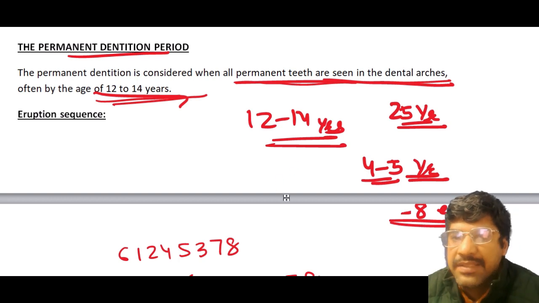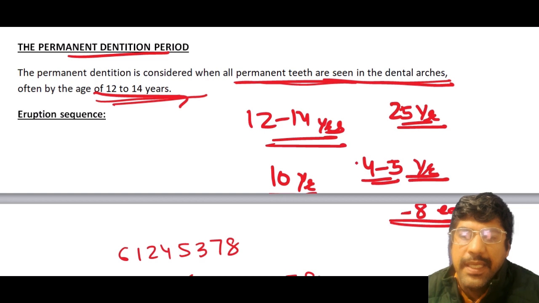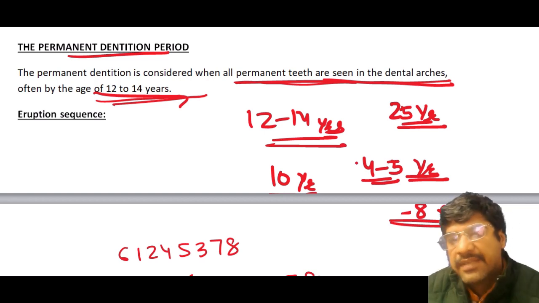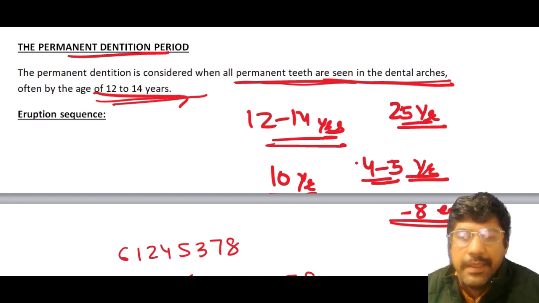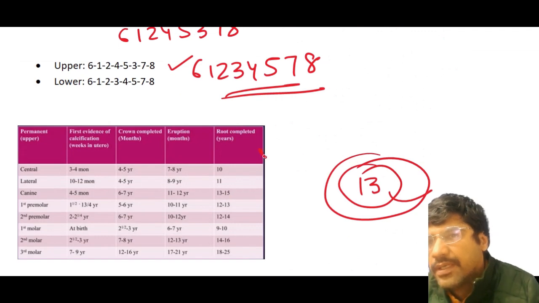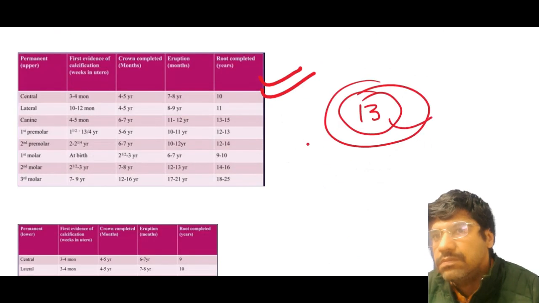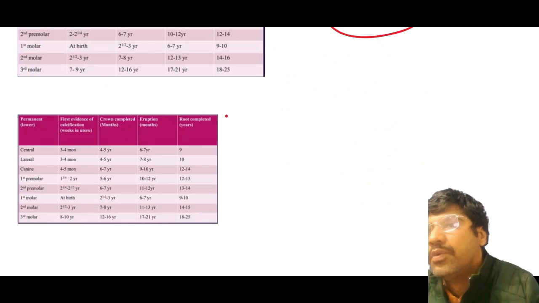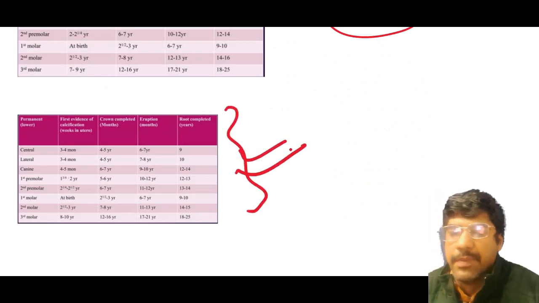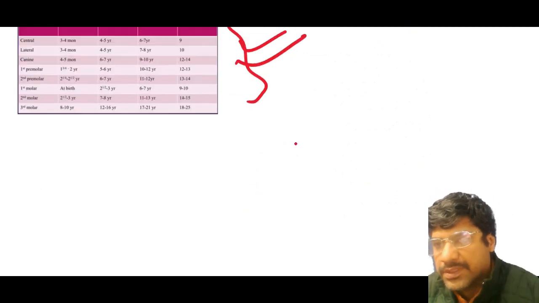The entire calcification takes around 10 years. So by around 13 years of age, all permanent teeth except the third molar will have erupted. So this table is important about the root completion and eruption of the permanent maxillary and mandibular molars.